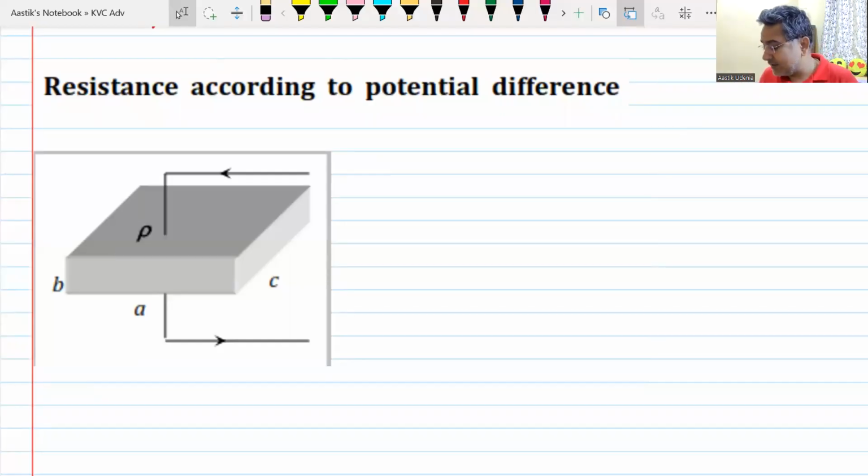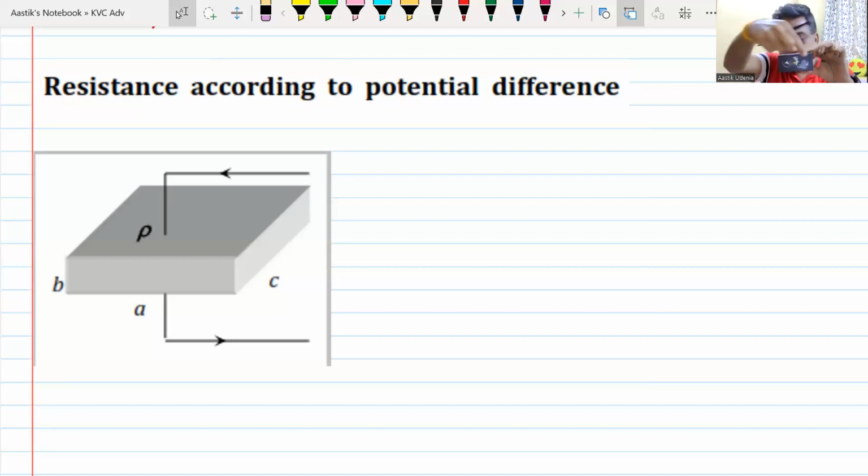Then we can see how the resistance of a body may depend on between which points you are applying the potential difference, or between which points you want to measure the resistance. Let us say this is a cubical conductor, and you connect the conductor like this. You connect the upper face with the lower face, and this is connected to a battery.